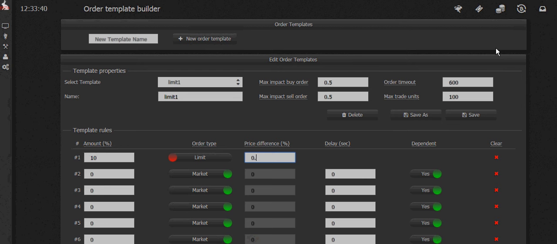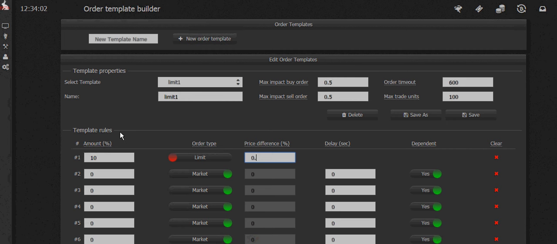You need to set up the rules, and that's pretty interesting because you can set it up a lot different depending on what you want to do. So here are the percent of the trade amount, and that is a percent of the trade amount in that particular bot. So let's say, for example, this trade bot has a trade amount of 1 BTC every time it makes a trade.